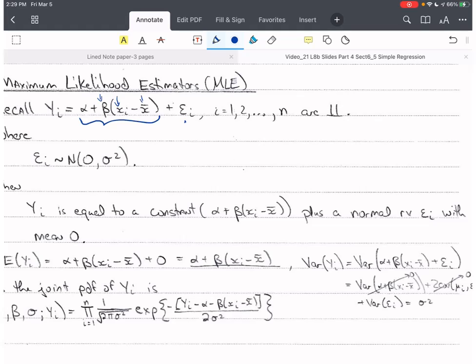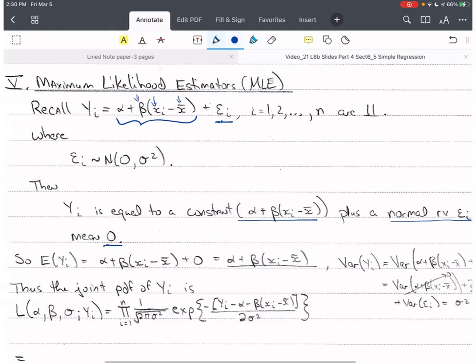And then x bar is a constant value as well, because once we have x bar, it's set. So the variable part of this equation is the epsilon i, and it's normally distributed. So yi is equal to this constant plus a normal random variable, epsilon, that has a mean of 0.